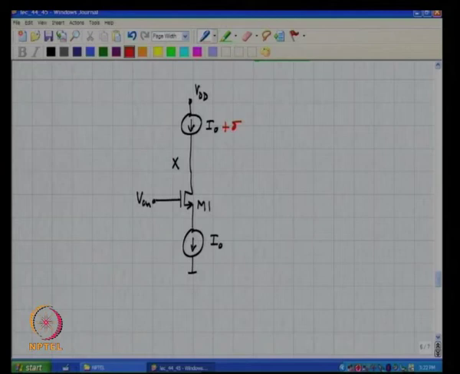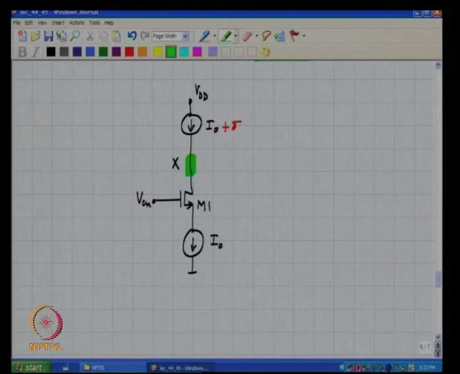If delta is positive, it means that the current being pumped into this node x is larger than the current that is being withdrawn from x, which means that net charge is going into node x, which in turn implies that the potential of node x will keep going up.